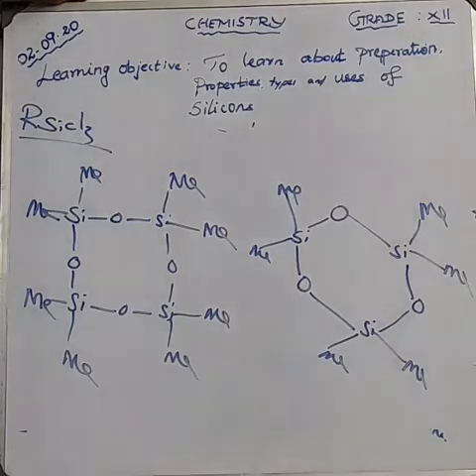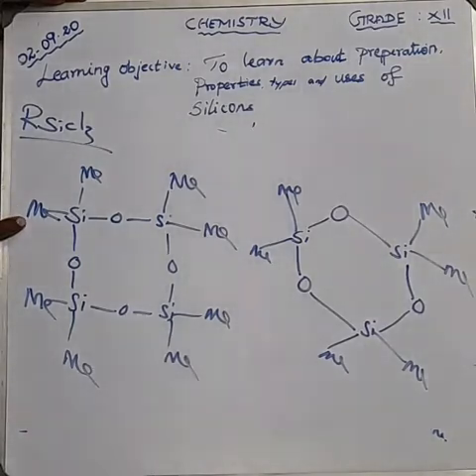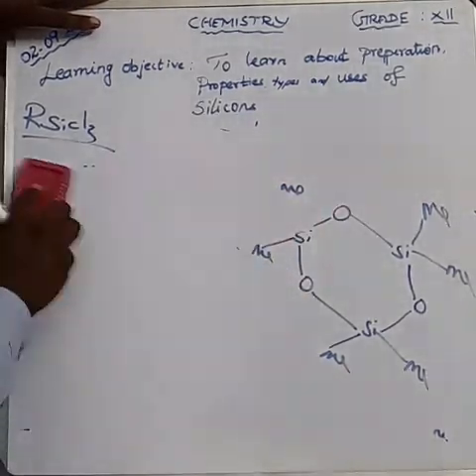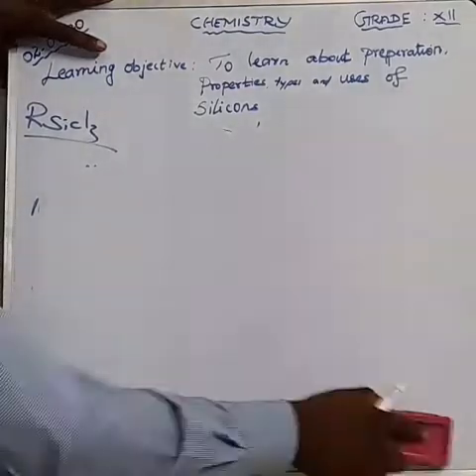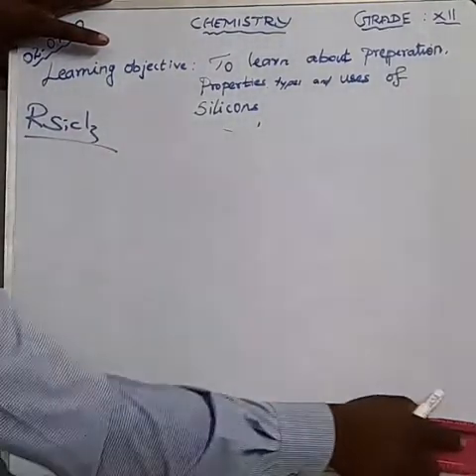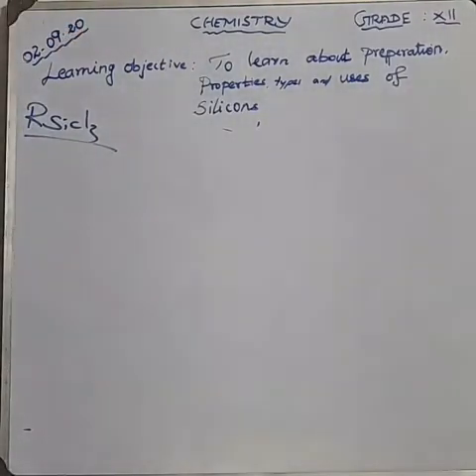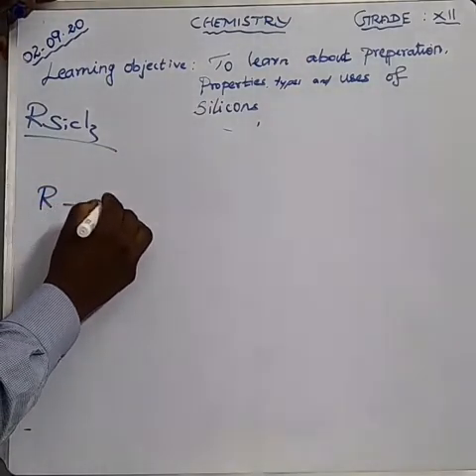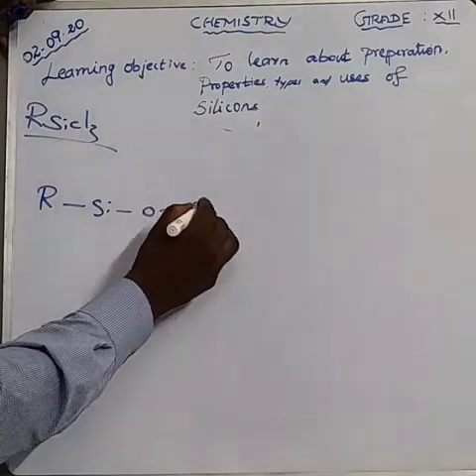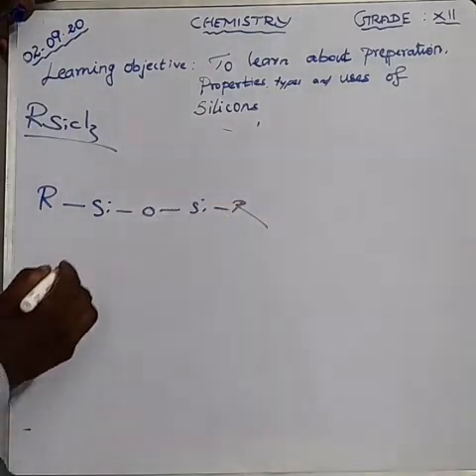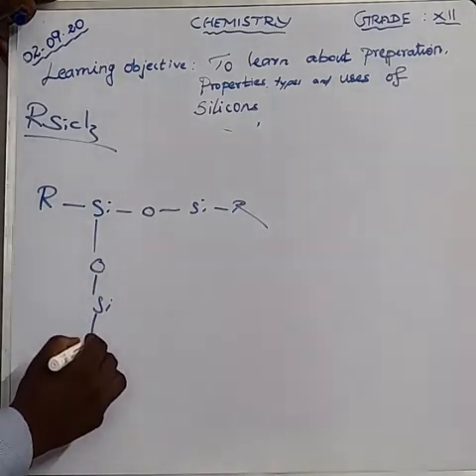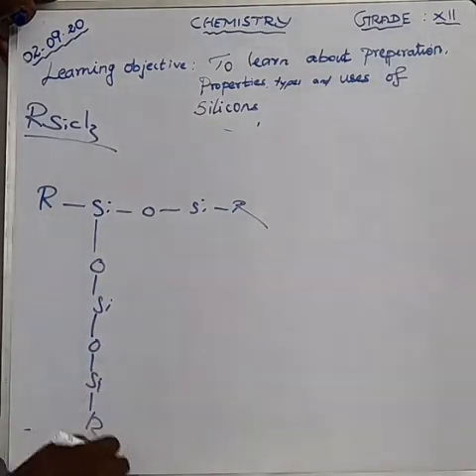This can also be written with R for methyl. So what is the product? R, Si, O, Si, R. Next, O, Si, O, Si, R, like that.